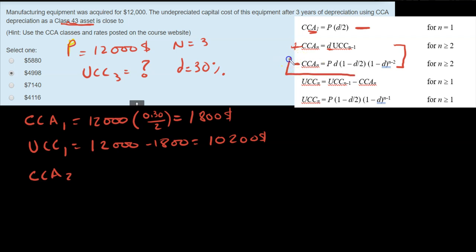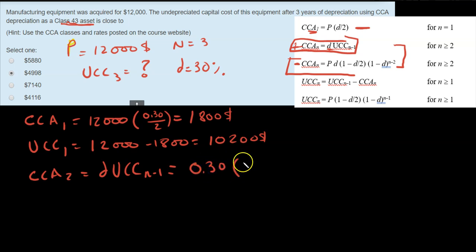Now for CCA2, we're going to jump to the next formula over here. No, we're not going to use that one. That's the direct answer. We'll just jump to this one. Here we go. Right here. This is equal to D times UCC of the previous year. So it's equal to 0.30 multiplied by the previous year's UCC. Undepreciated capital cost.